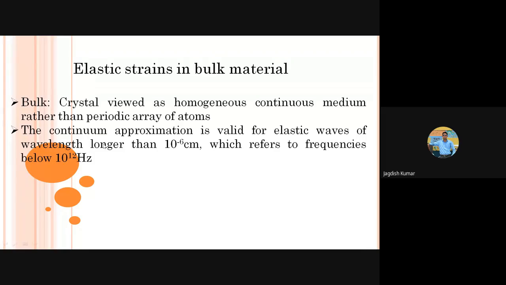Now the question is, why should the wavelength be longer than this? Because when wavelengths start decreasing beyond this value, suppose it is 10^-9, which is nothing but a nanometer, or 10^-8, those are of the order of interatomic spacing.